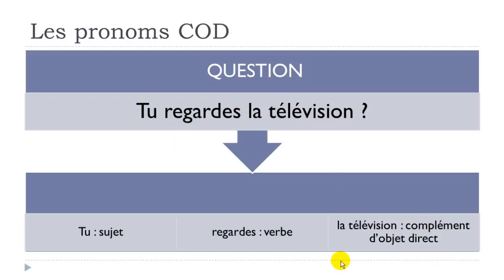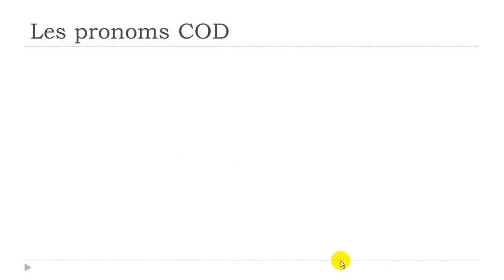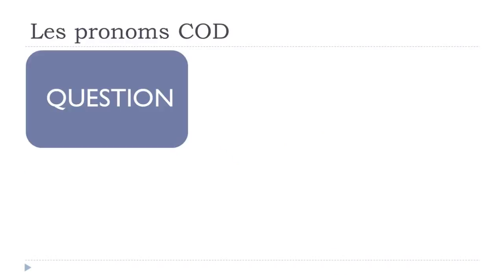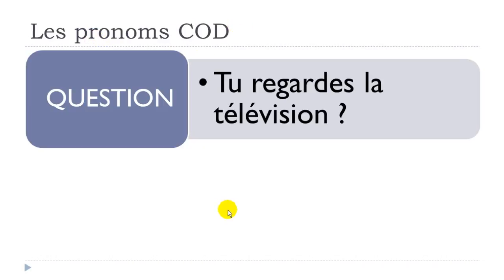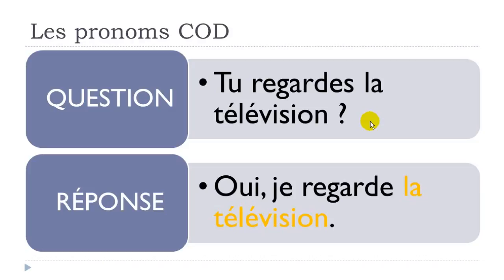Okay, so why do we say that it's quite important to use les pronoms COD? Just because when you've got a question, so if someone is asking you tu regardes la télévision, the first option would be oui, je regarde la télévision.